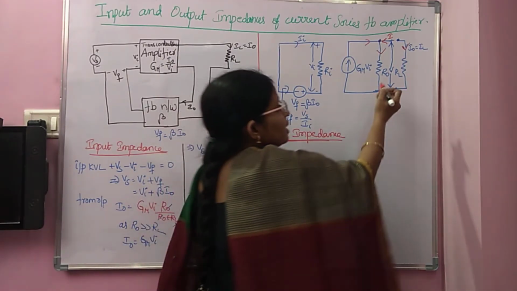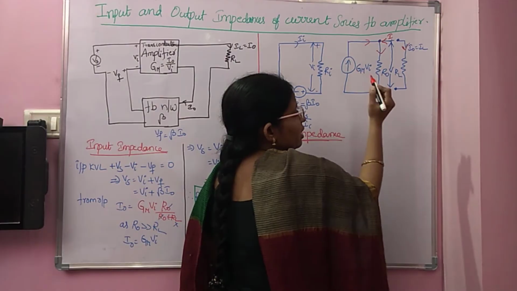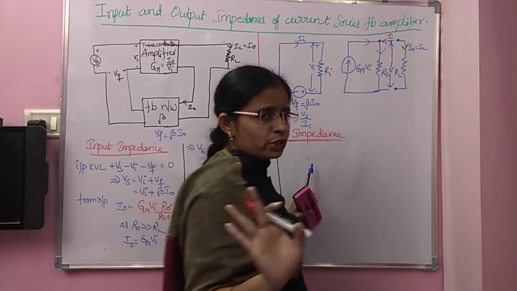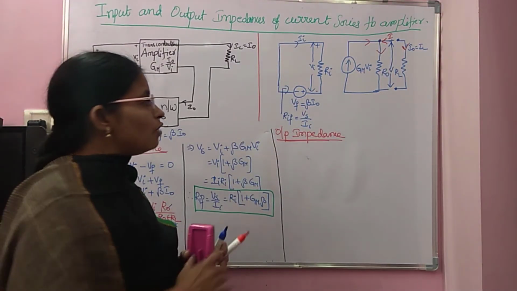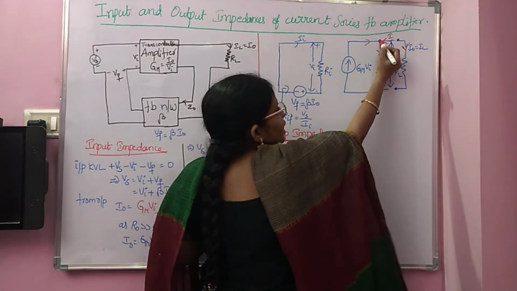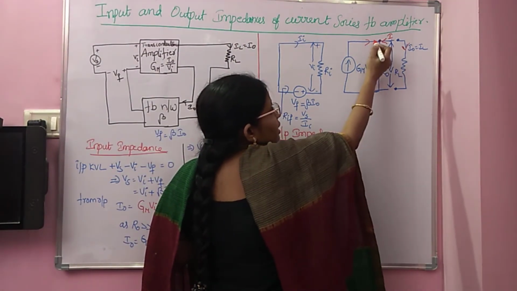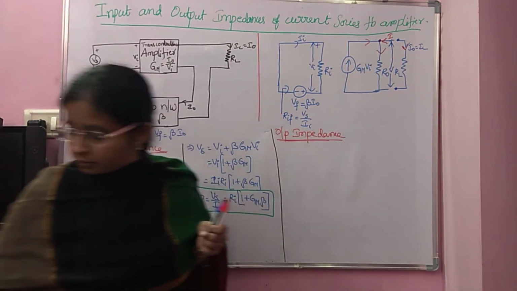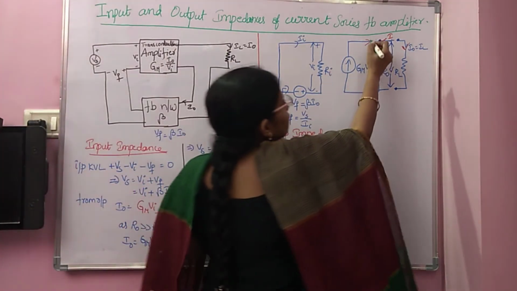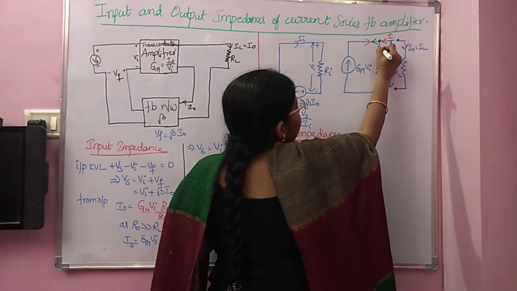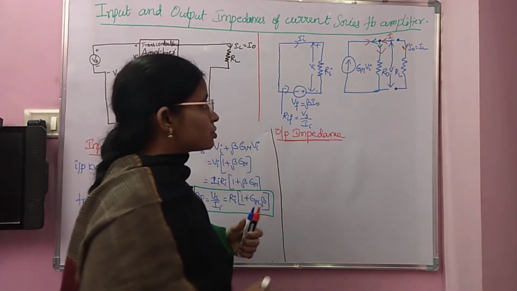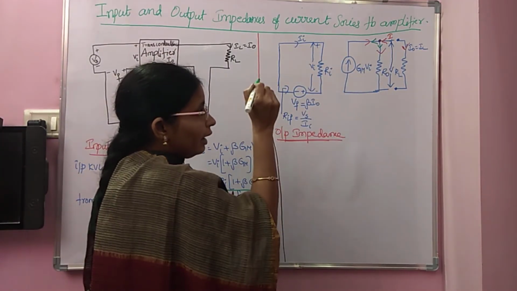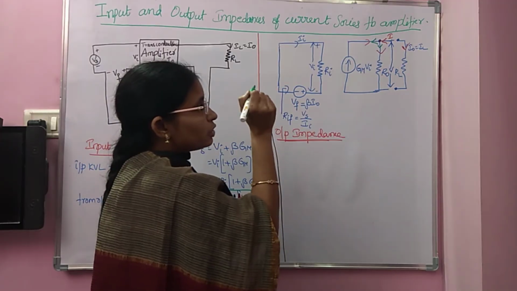Then here, assume a voltage V, which is equal to the output voltage. Now, we'll go for output impedance. This I is coming to this node and then it gets divided like this, the green color arrows. So now I'll write KCL at that node.